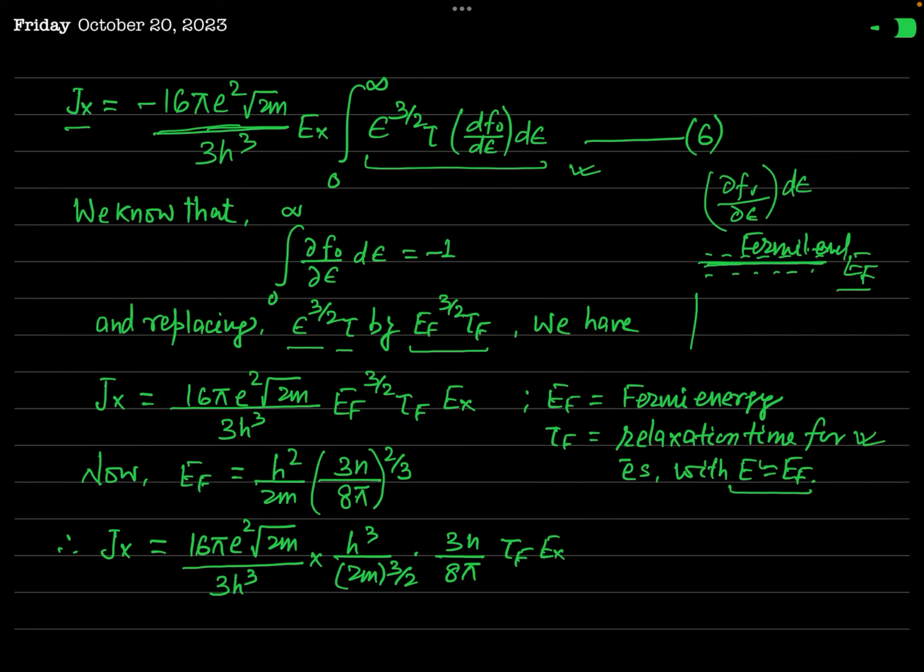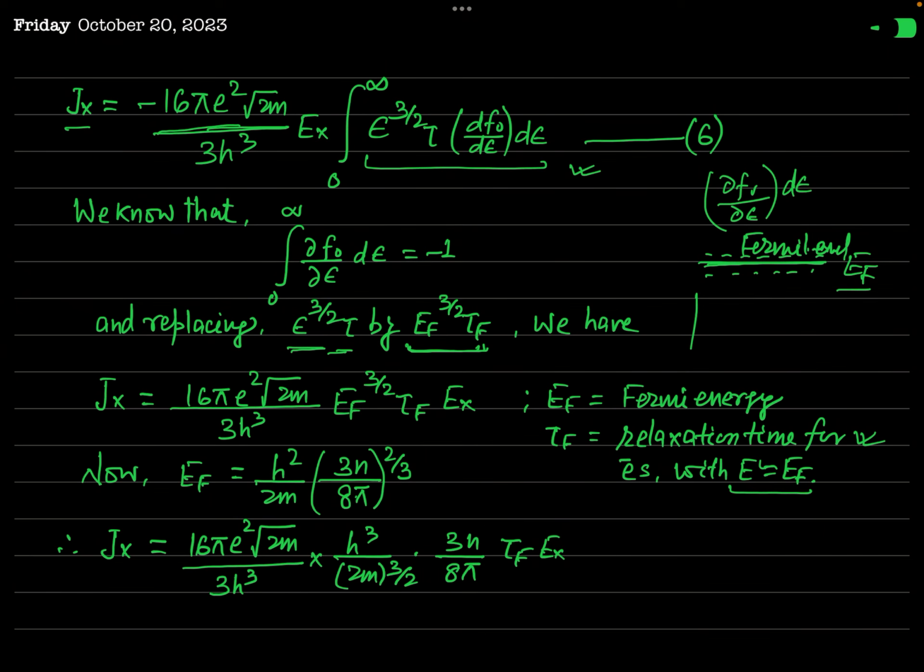It means this is the relaxation time for those electrons whose energy levels lie very close to the Fermi level, and this will have a constant value. Okay, so using this idea, epsilon to the power 3 by 2 times tau can be replaced by this, and that will be a constant, so that will be outside of the integral.